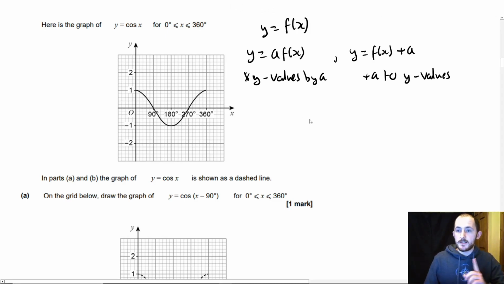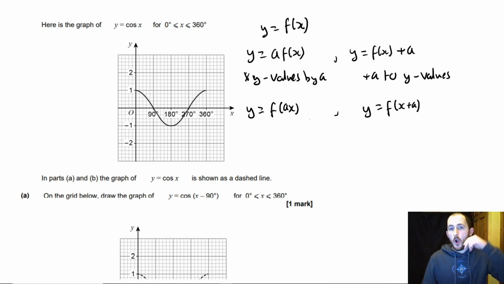Now, if it's inside the bracket, this is where things get a bit weird. You actually do the opposite of what it says and you affect x.